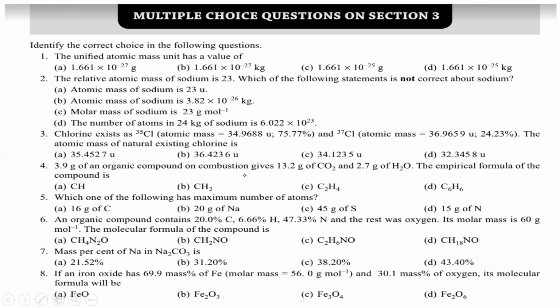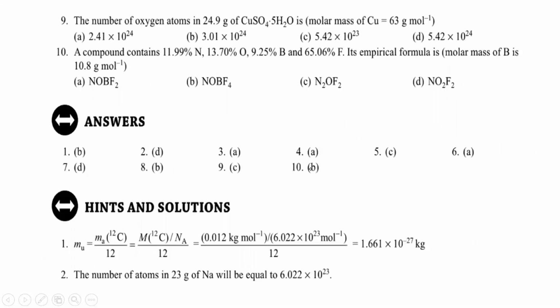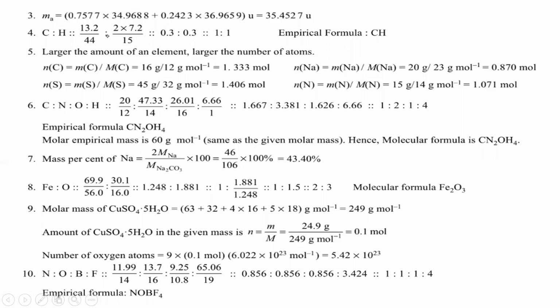So 13.2 grams of carbon dioxide is given, so 13.2 by 44, and 2 into 2.7 by 18, because the water molecule is 18. The printing in the question is wrong. So 2 moles of hydrogen, 2 into 2.7 by 18. So we get 0.3 and 0.3. They are in the ratio of 1:1. So the answer is the empirical formula CH.